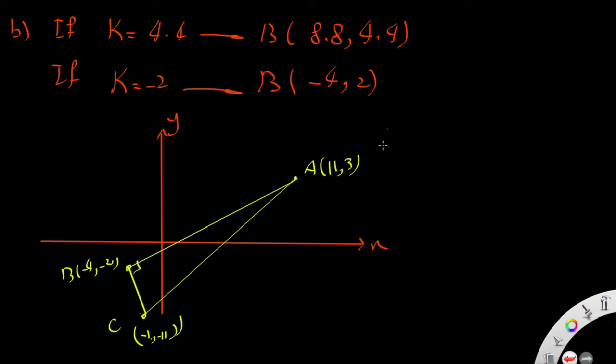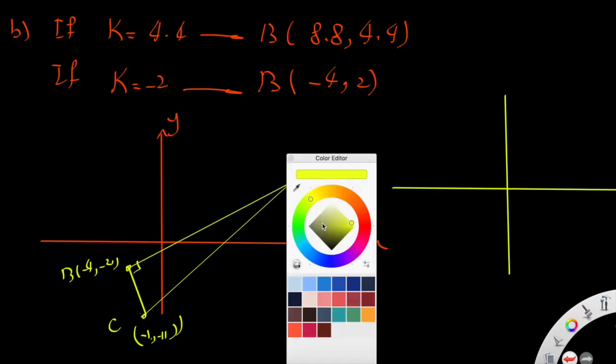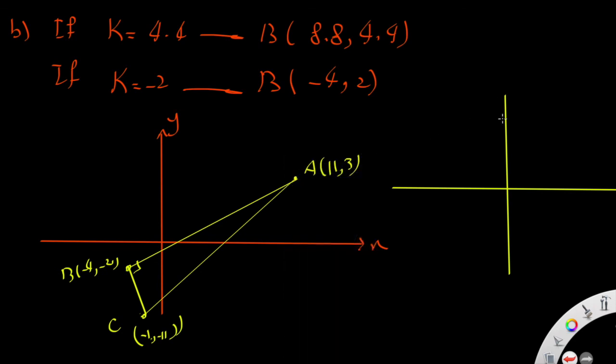Now the other possibility is for when B is 8.8 and 4.4. Let me construct it here. Here, for example, A is somewhere here, which is 11, 3. B will be somewhere here, 8.8 and 4.4.